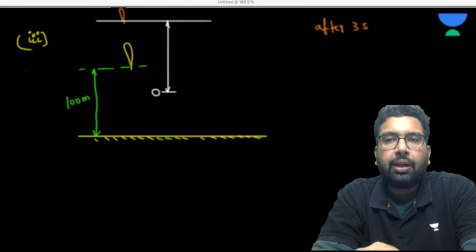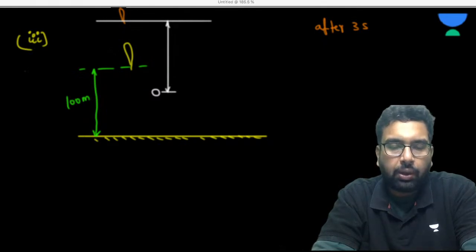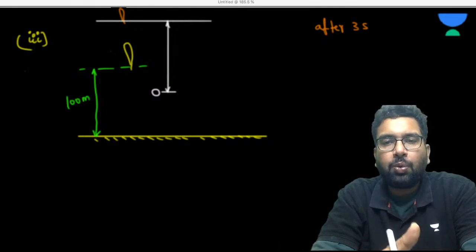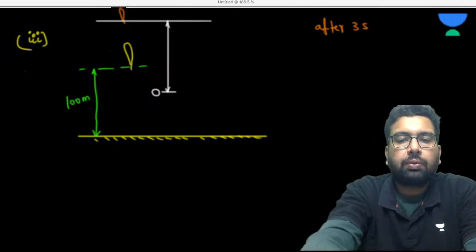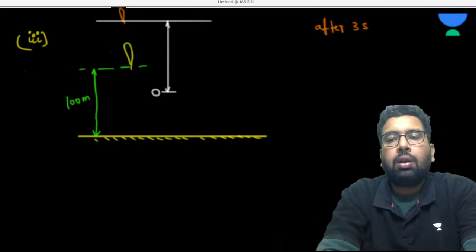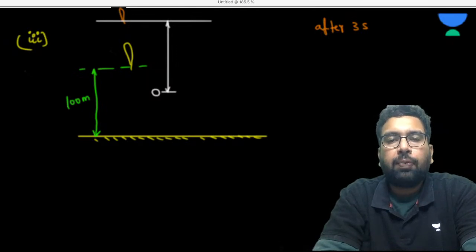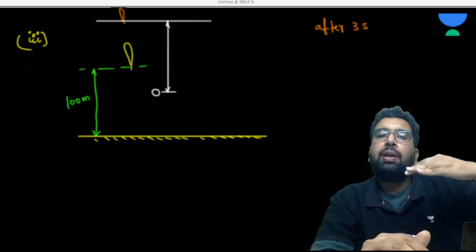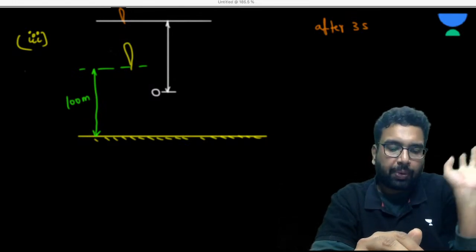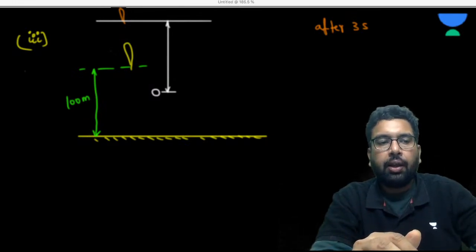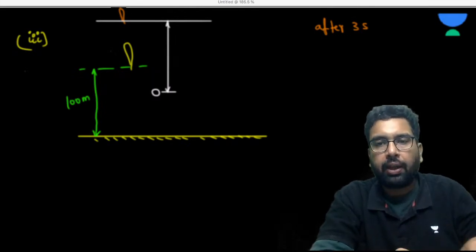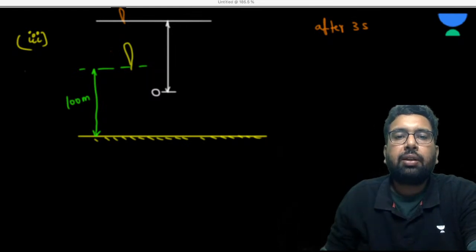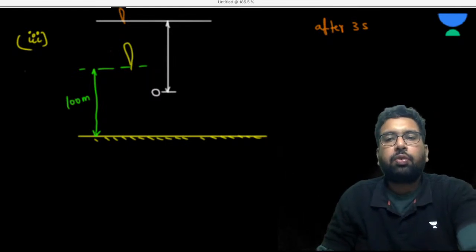The balloon is going upward, so after 3 seconds it will be at some place above the initial position, and the stone will be somewhere downward from the initial position.